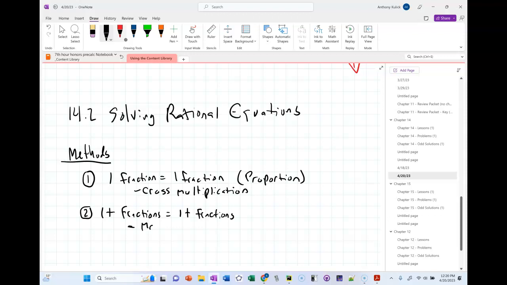Okay, so you could make a common denominator and add the fractions. That would give us a proportion, because now we just have one fraction on each side, so then we could cross multiply. That's one thing you could do, sure.